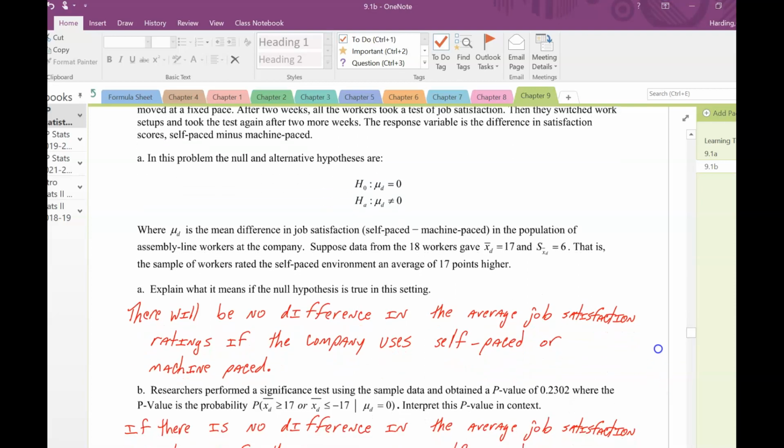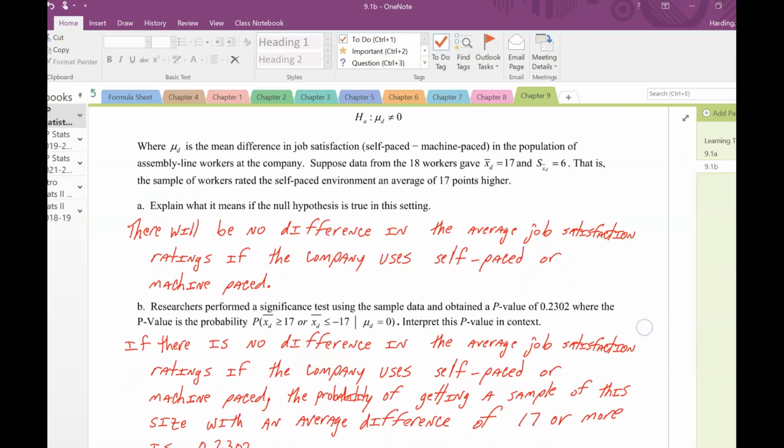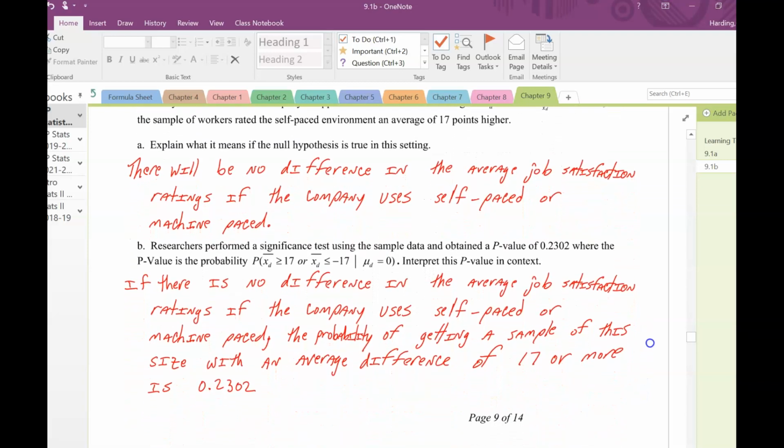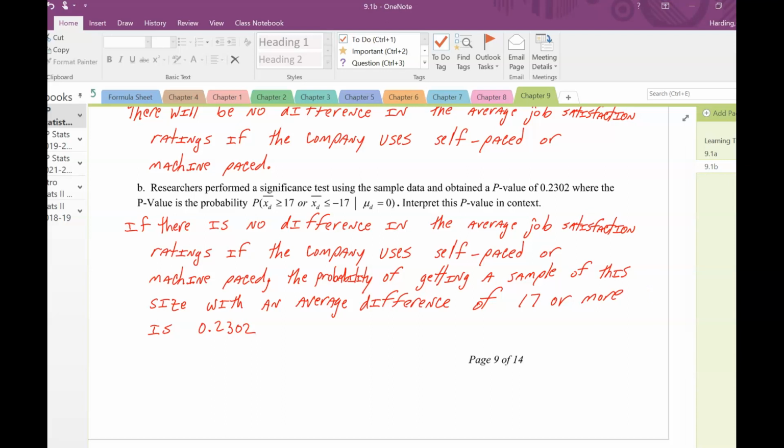So then when we go through and try to determine what this means, in part B, researchers performed a significance test using the sample data and obtained a p-value of 0.2302. And again, you can see here the conditional probability piece, the probability that x bar is greater than or equal to 17 or x bar is less than or equal to negative 17, given that the mean is actually 0. What is the probability of that happening?